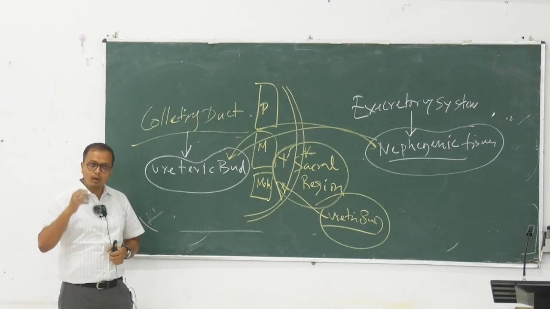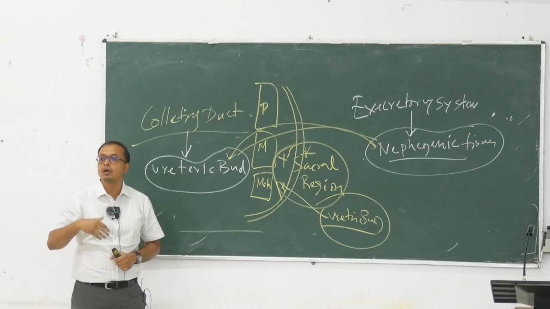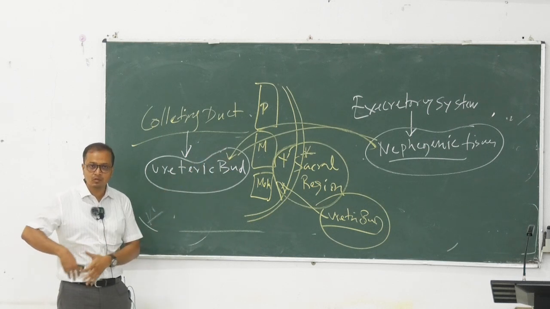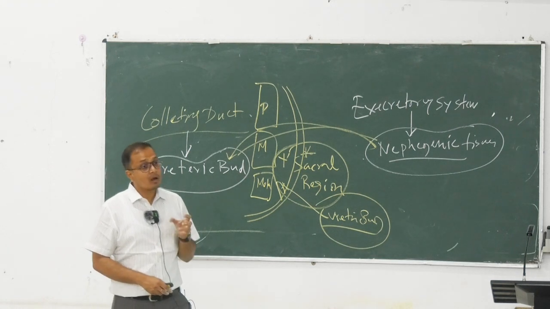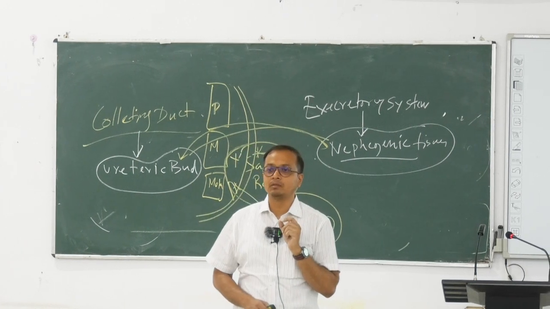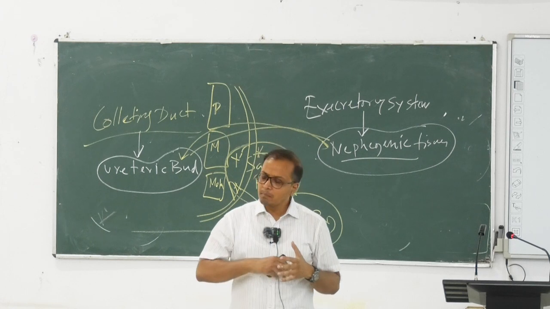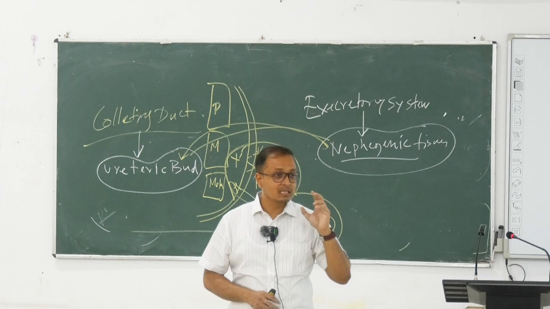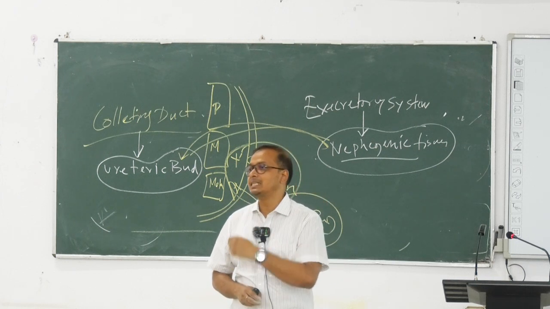The urine produced within this kidney remains within this kidney, not thrown out into the minor calyces, major calyces, or the pelvis or the ureter system. So the urine which is stuck inside remains as a small vesicle pouch. And if multiple vesicle pouches remain in the kidney, then the kidney looks like a cystic kidney. And those kidneys, we call them polycystic kidney.